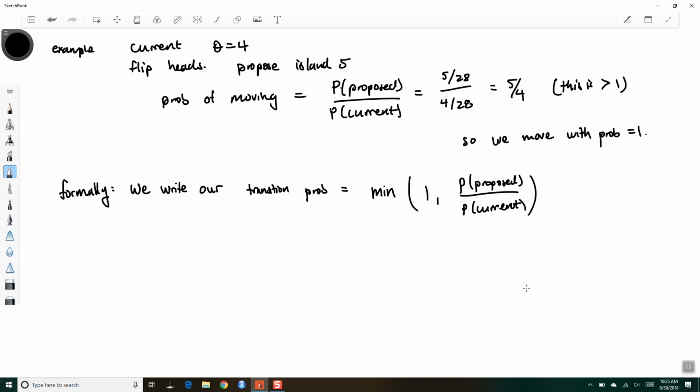Okay, so we look at our proposed divided by the probability of the current, and if that's less than 1, that's what we use. And if it's greater than 1, then we go with probability 1.